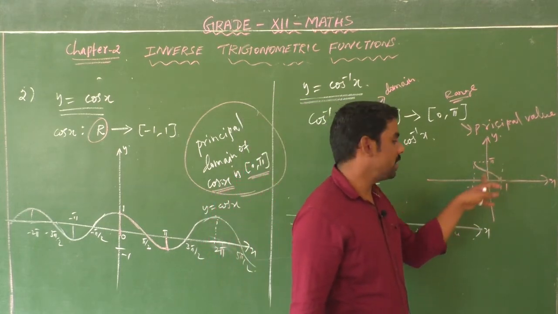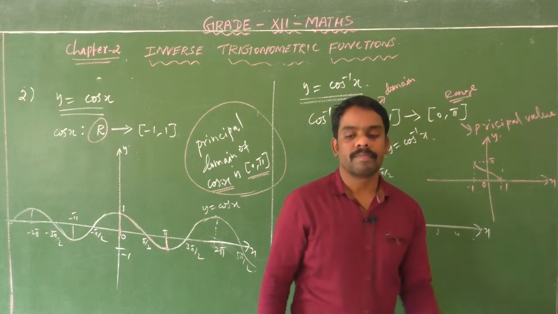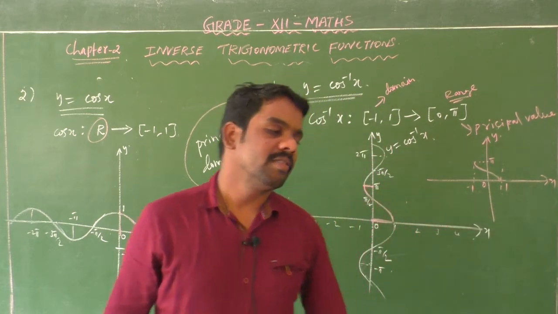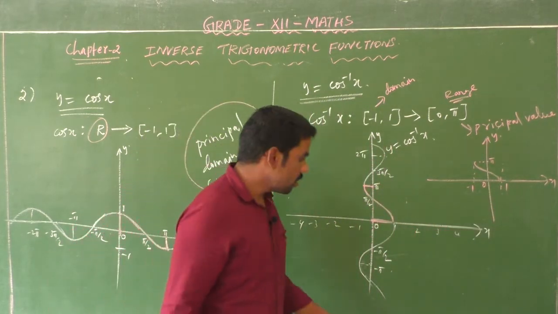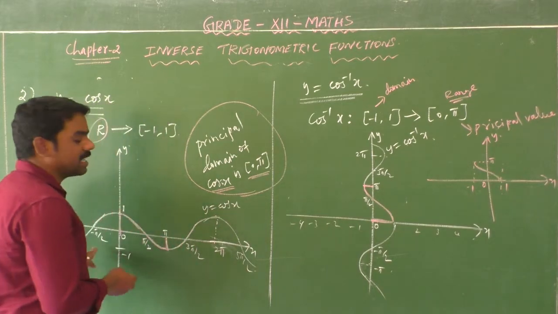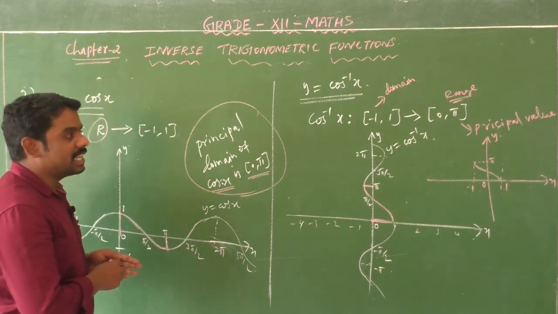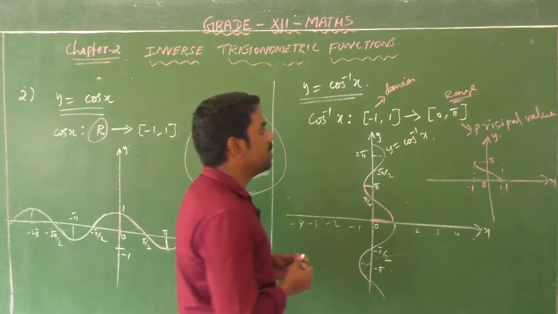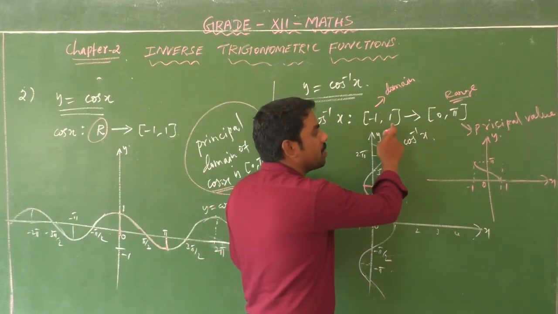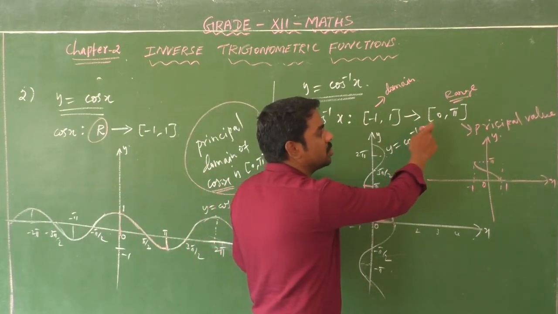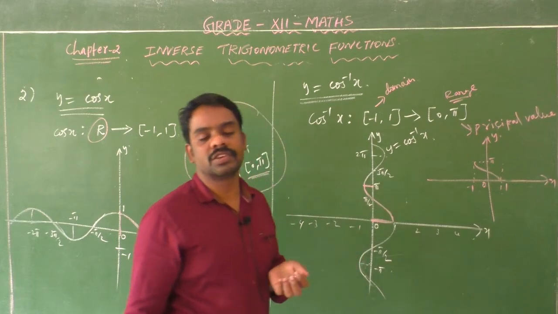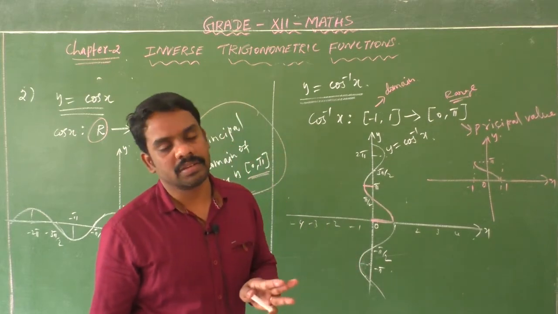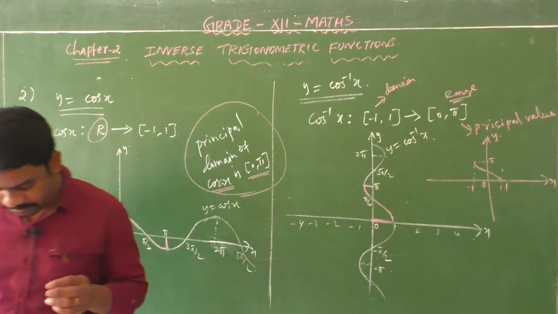This is the range, and minus 1 comma plus 1 is the domain. Okay, very simple. The inverse of the cos x function has domain minus 1 comma plus 1 and range the closed interval 0 comma pi only. Okay, right.